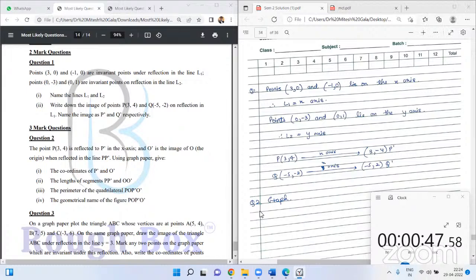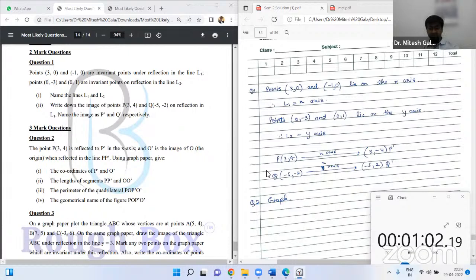But in this question, the coordinate of O is not given. O is the origin, my dear, 0, 0. Okay, sir.